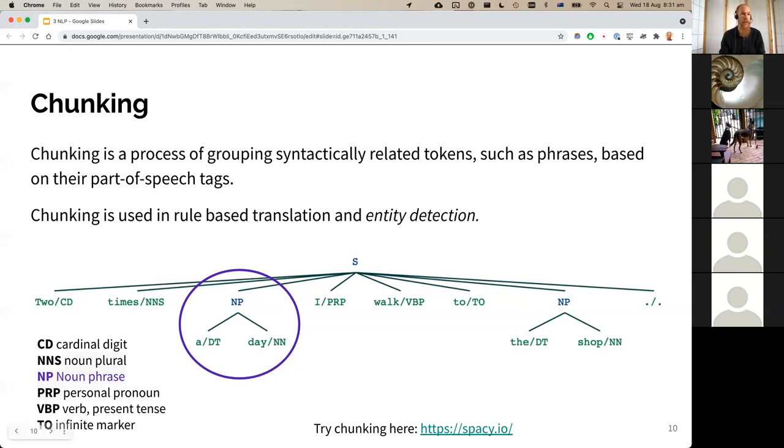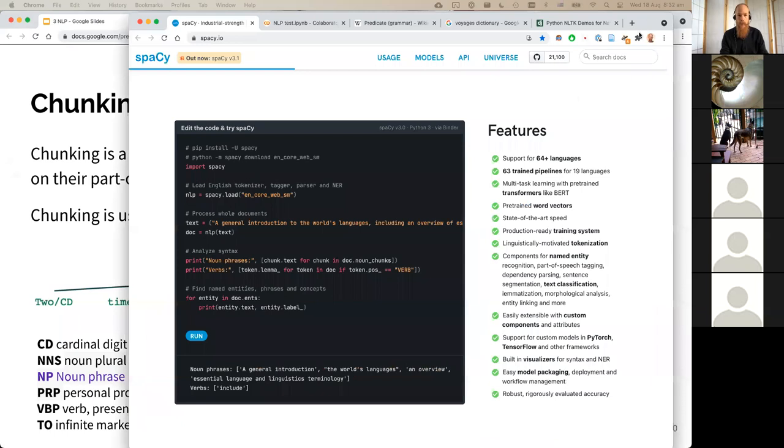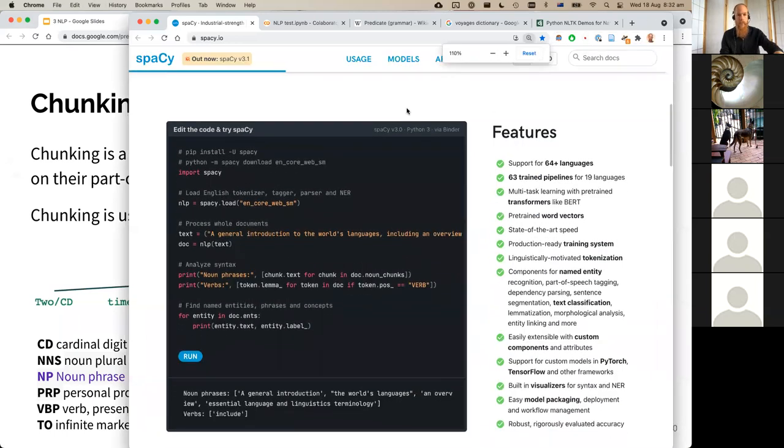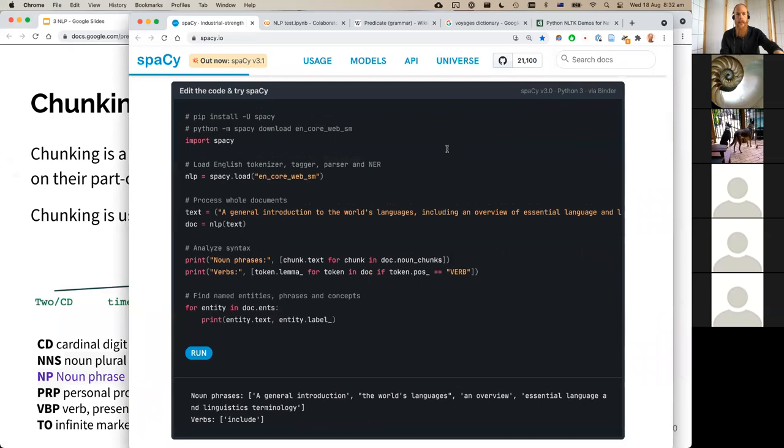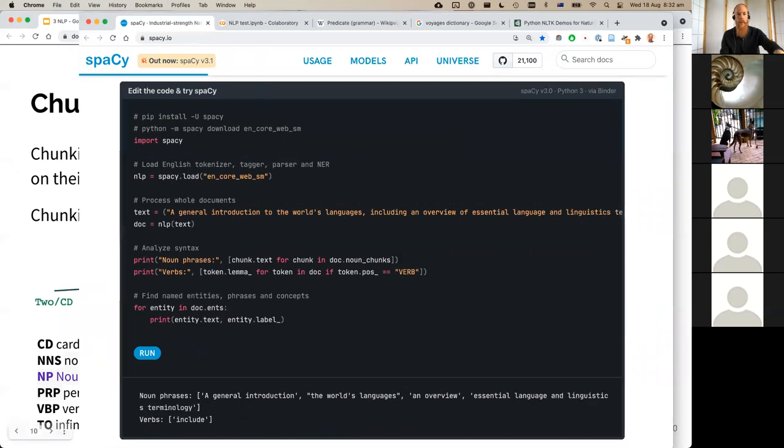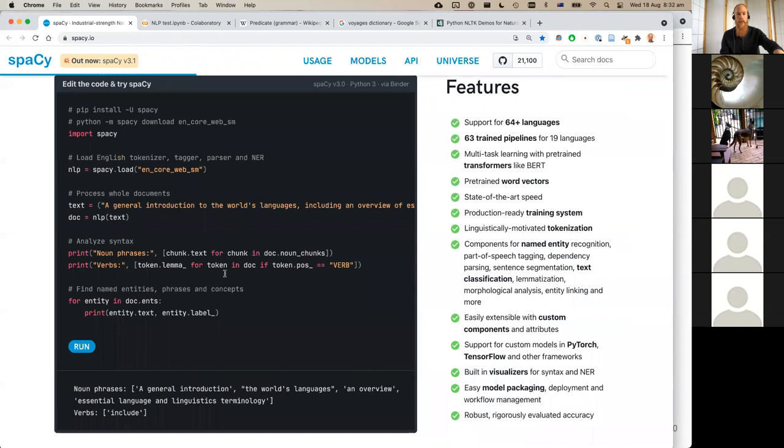So again, there's a link on the slides if you want to try some chunking by yourself as we work through it. This is an example that I put in just before. I'll see if I can make that a bit larger so we can see. So spaCy.io has an interactive sandpit area where you can play with some code to do some chunking.